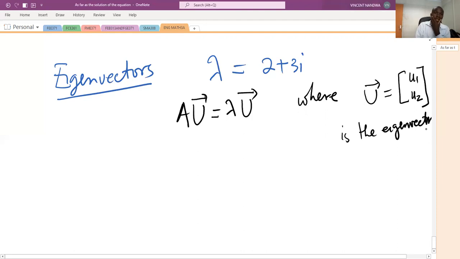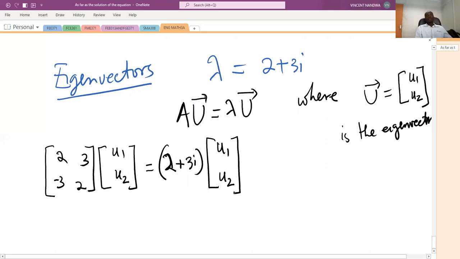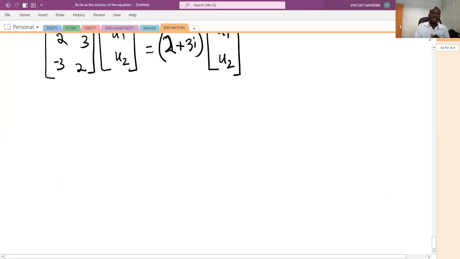So therefore now, our A matrix is 2, 3, minus 3, 2. You multiply by the vector U, which is U1, U2. You should get lambda, which is 2 plus 3i, multiplied by the same vector, U1, U2. So let's evaluate this equation.